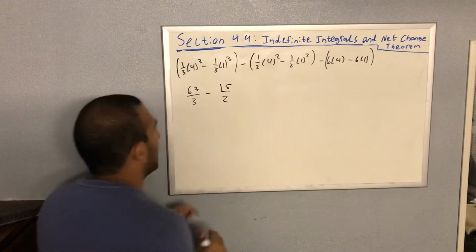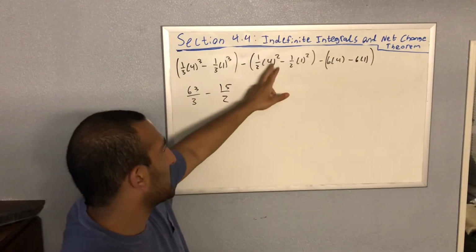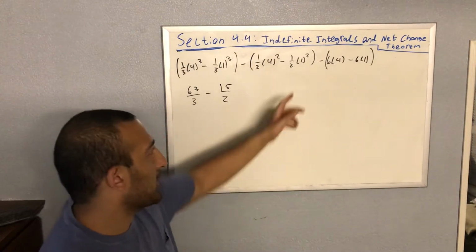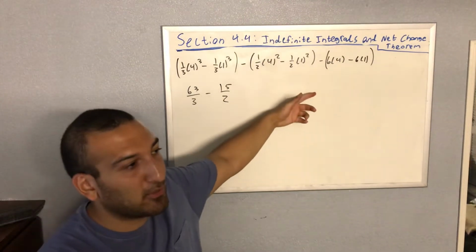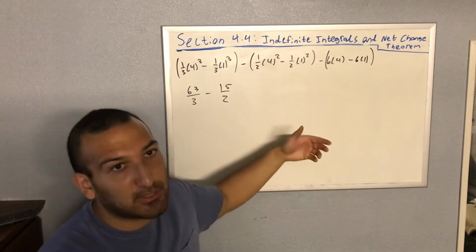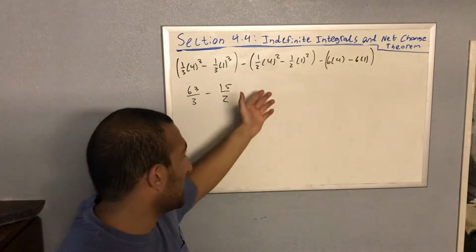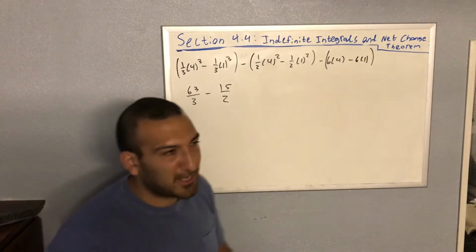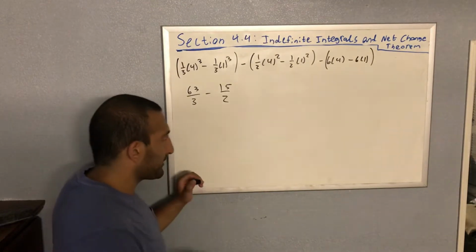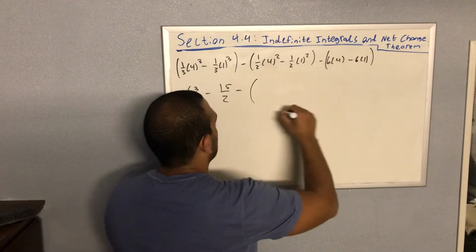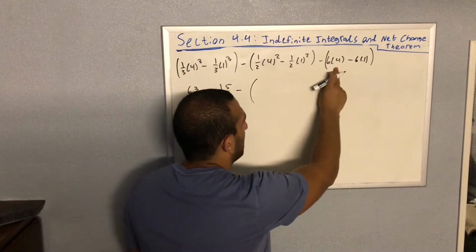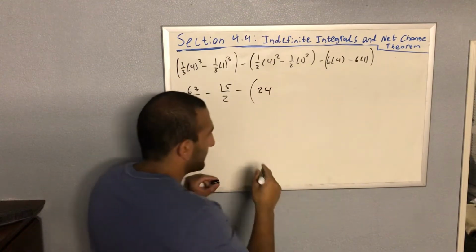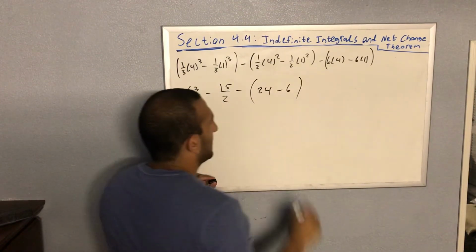You might have been tempted to say, oh, 16 over 2 is 8, but then you're going to have to combine it with this fraction, so you would have to turn it into 16 over 2 again. So sometimes it's better to not simplify. It's kind of weird, but in this case it helps. And then minus, again, 6 times 4 is 24, and then minus 6 here.